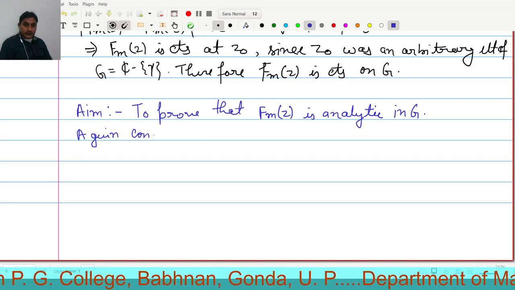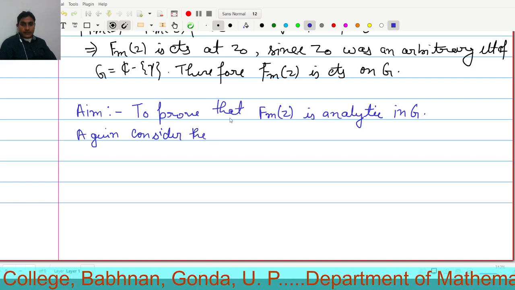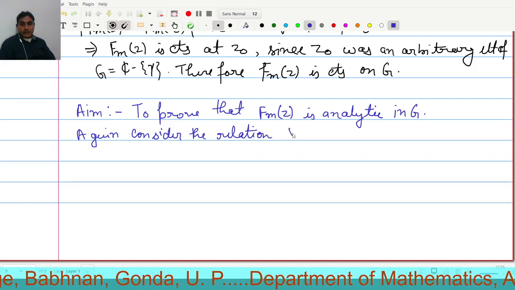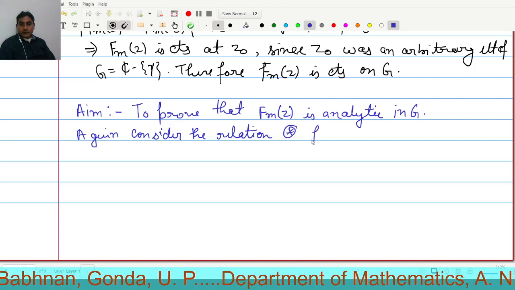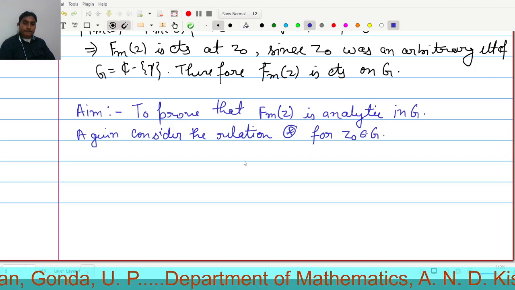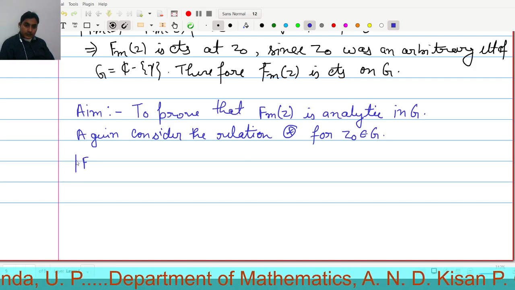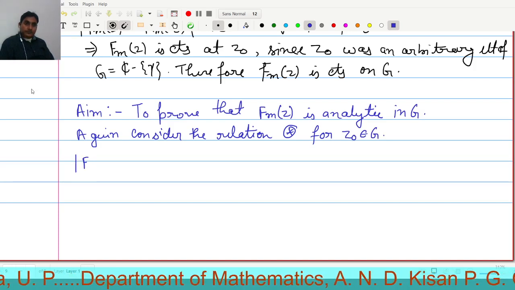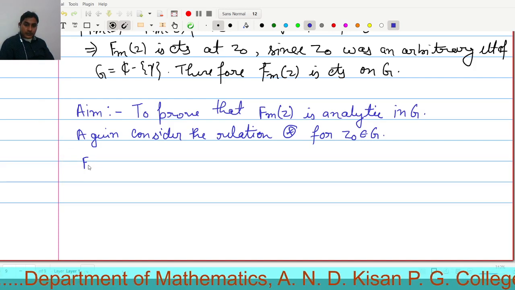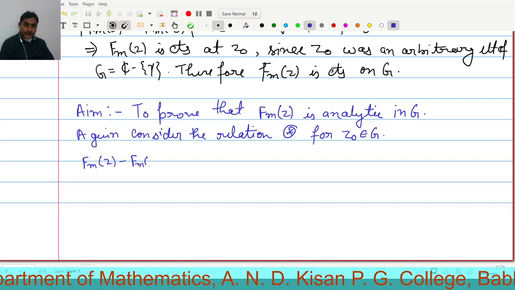Again consider the relation star for z₀ belonging to Z. So we have, in this case I'm not going to write mod. So take f_m(z) minus f_m(z₀).